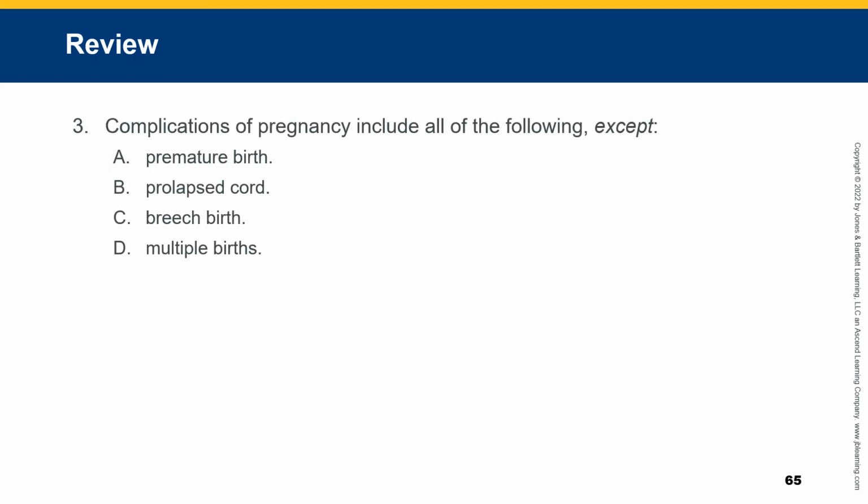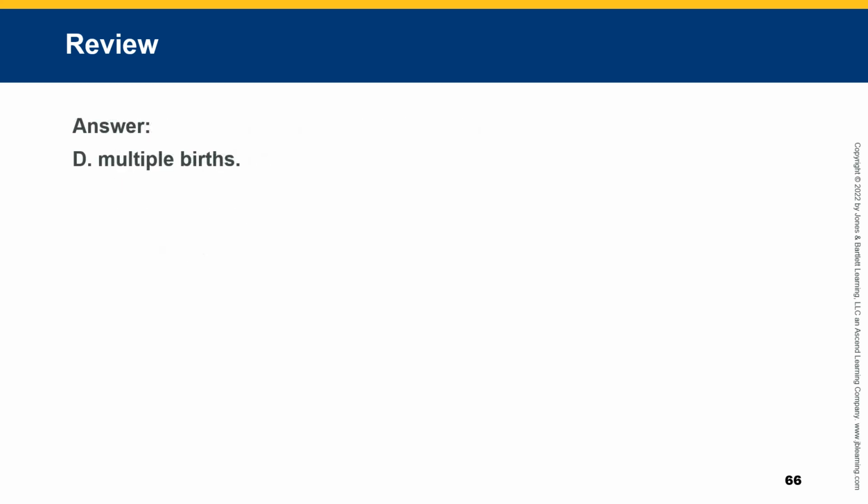In our third review question, complications of pregnancy include all of the following except A, premature birth, B, prolapsed cord, C, breech birth, D, multiple births. The correct answer is D, multiple births.